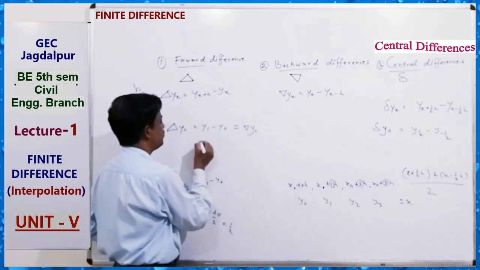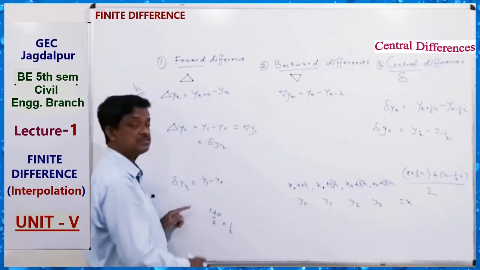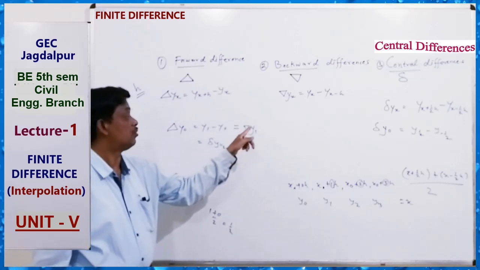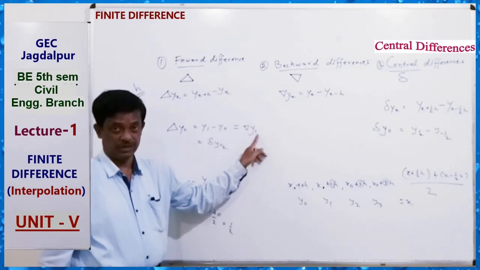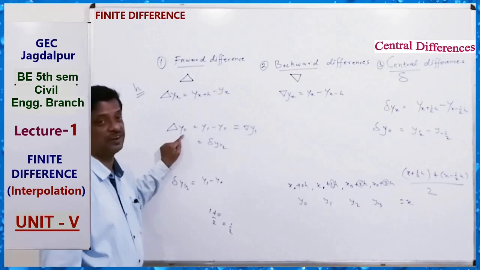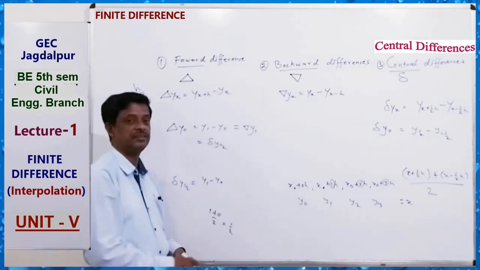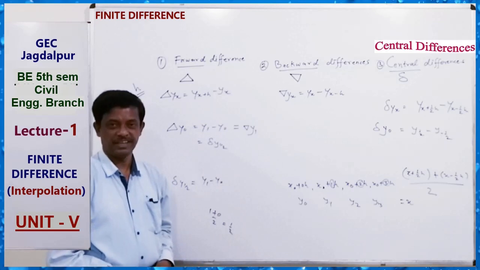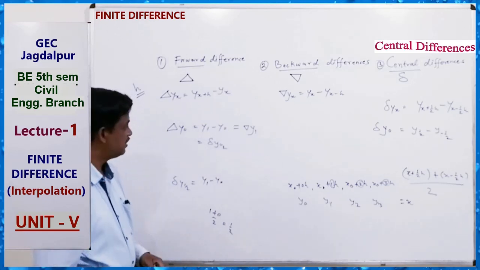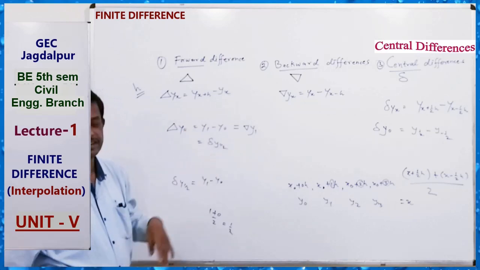Also, it can be written as delta y half, at half index, central difference. At argument y, backward difference. At 0 argument, forward difference. The difference is the same. So how can we take differences?